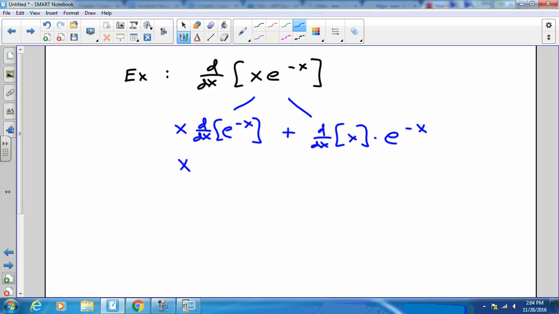Clara, take the left-hand term. What is the derivative of e to the negative x? Negative x, e to the negative... Close. Okay, yeah. So instead of doing both chain rule steps at once, go one at a time.